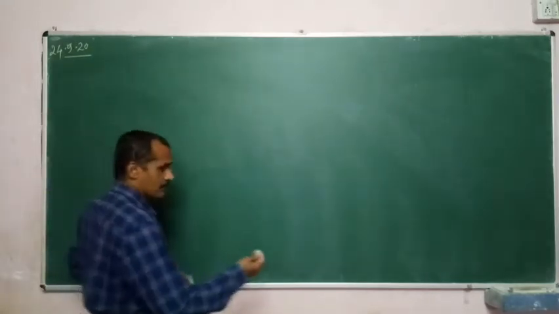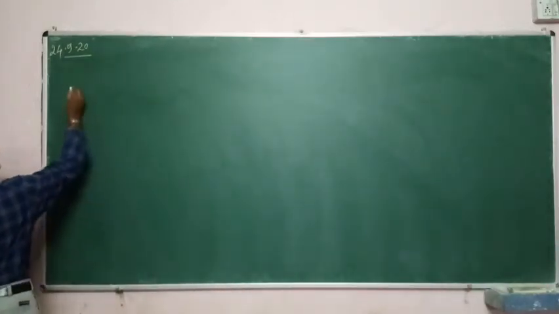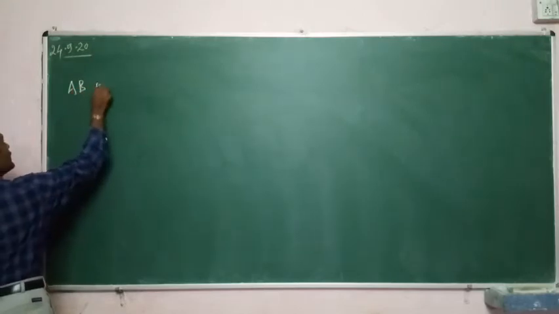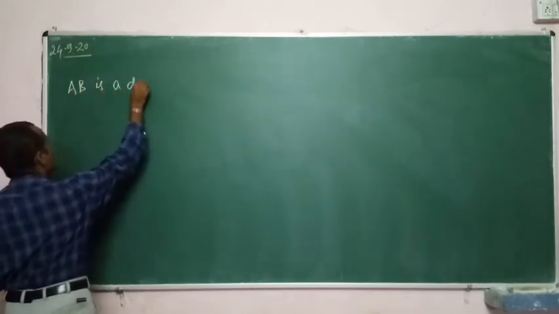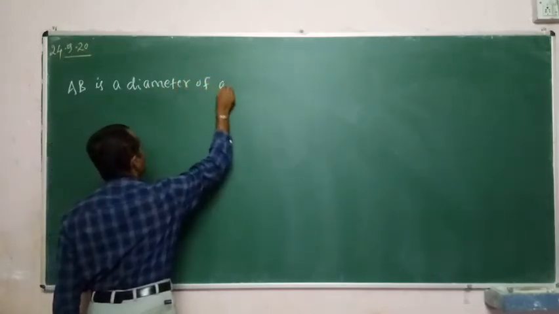We can start the problem now. We'll take a problem. AB is a diameter of a circle.